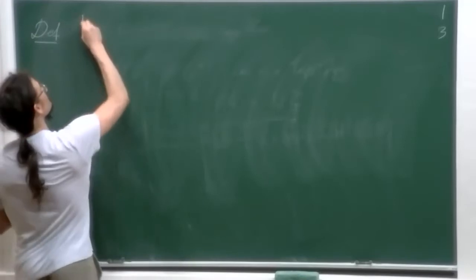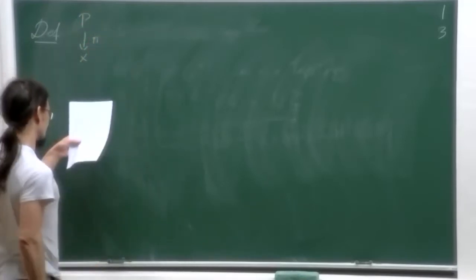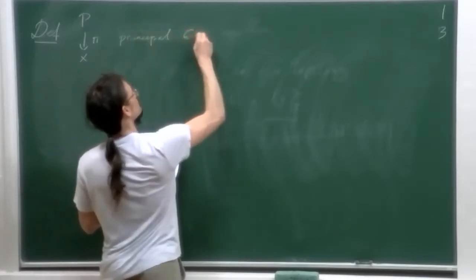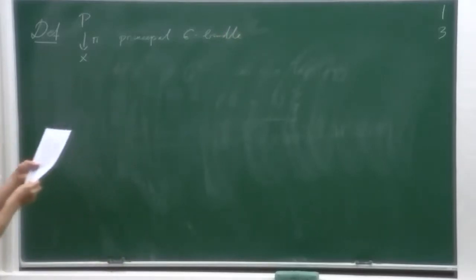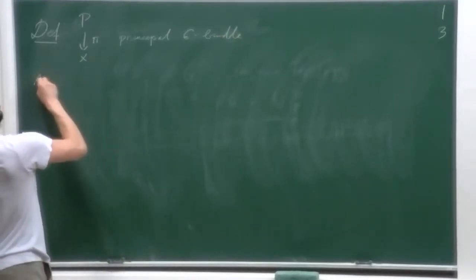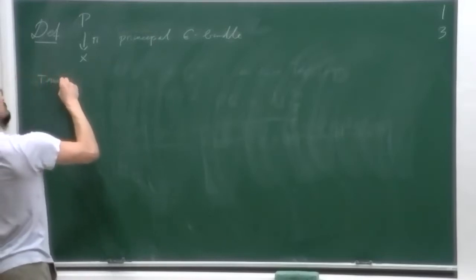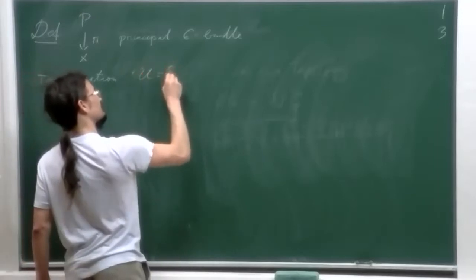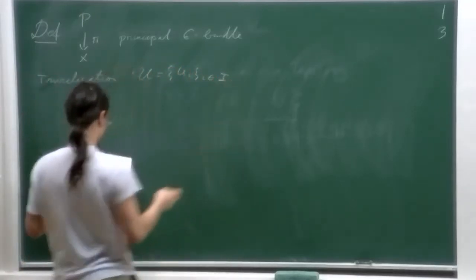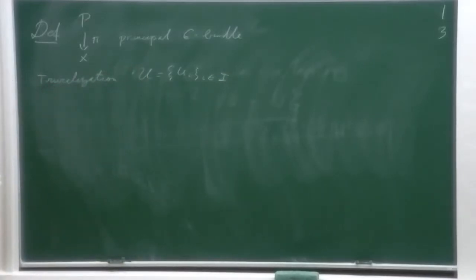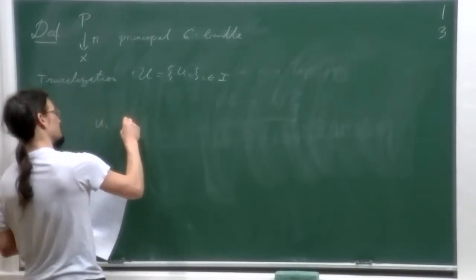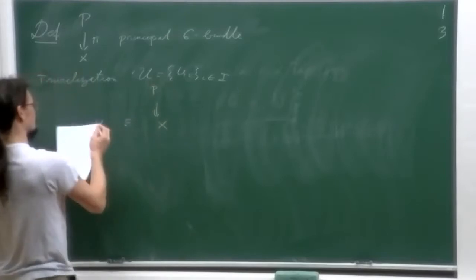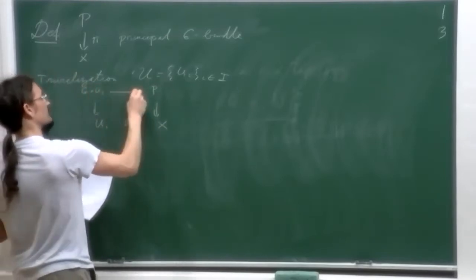So if we've got a principal G bundle, then we assume that we're given a trivialization U, which means that if you look at the inclusions of these open subsets, then you get a Cartesian diagram like this, where your top map is equivariant.